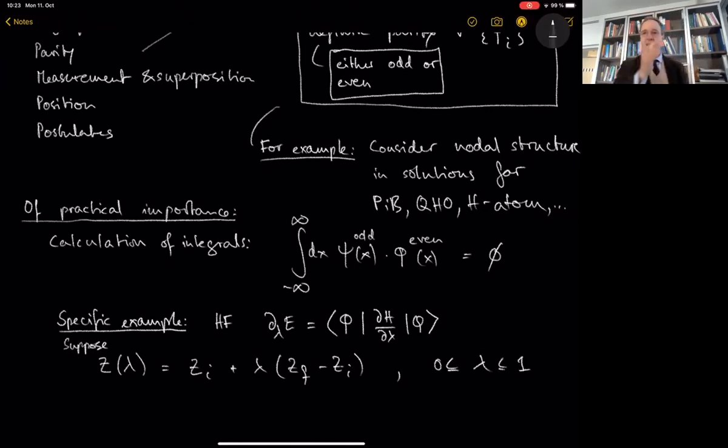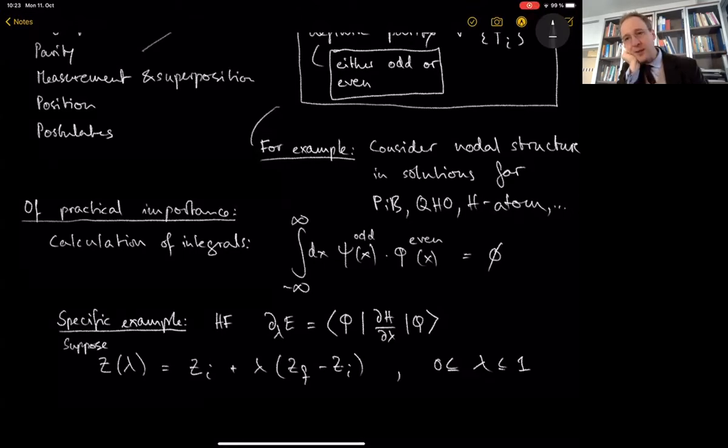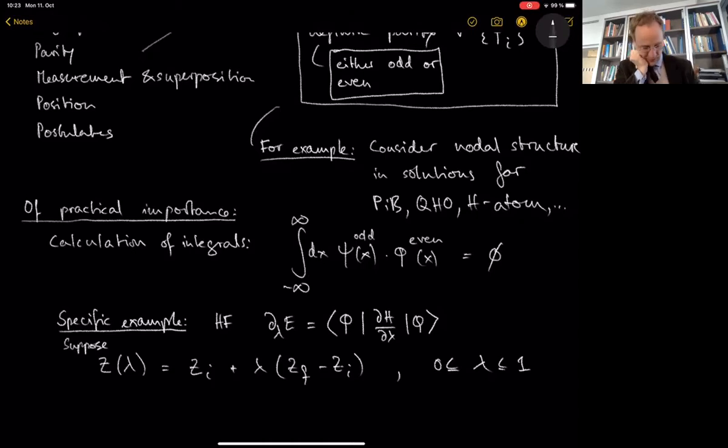So for any value of lambda, you have an interpolated nuclear charge. If lambda equals 0, you have the initial nuclear charge, and if lambda equals 1, you have your final charge.